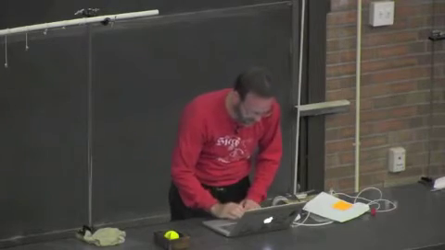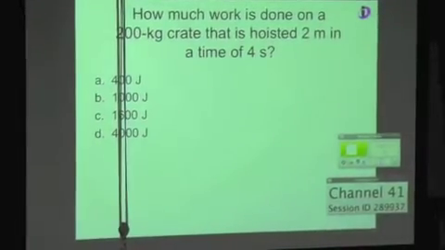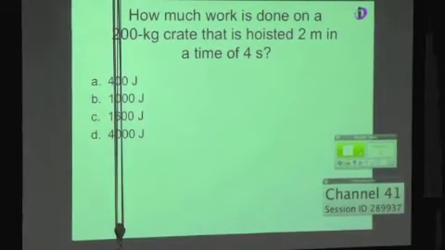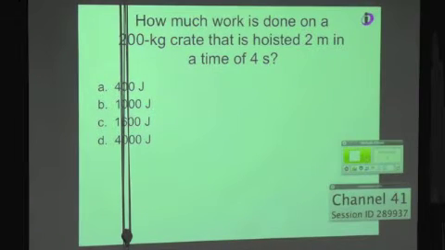Okay, let's ask some energy questions. Force to lift a crate, what's the work done on it? I'll give you a clue, too. 200 kilograms represents the what?